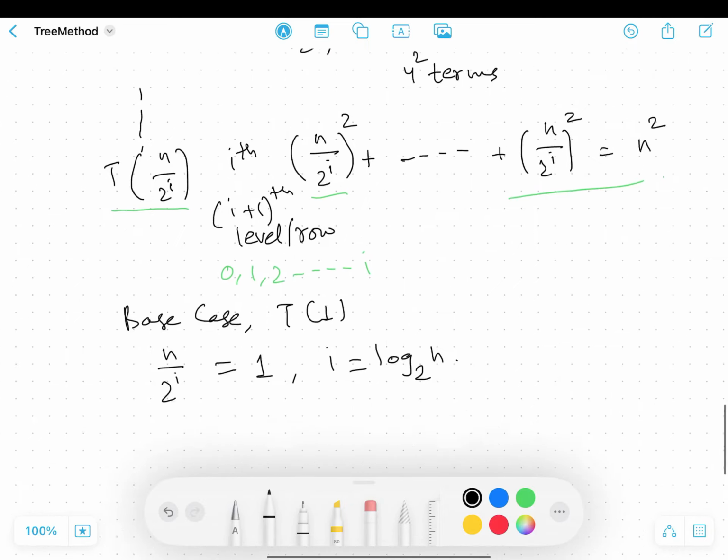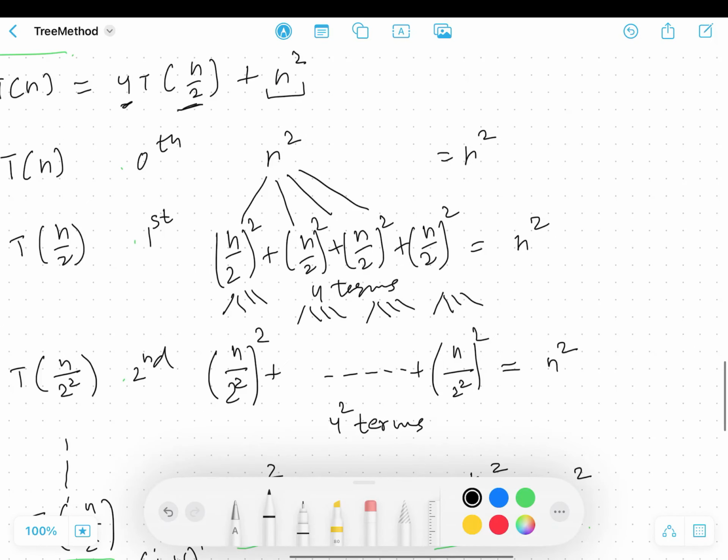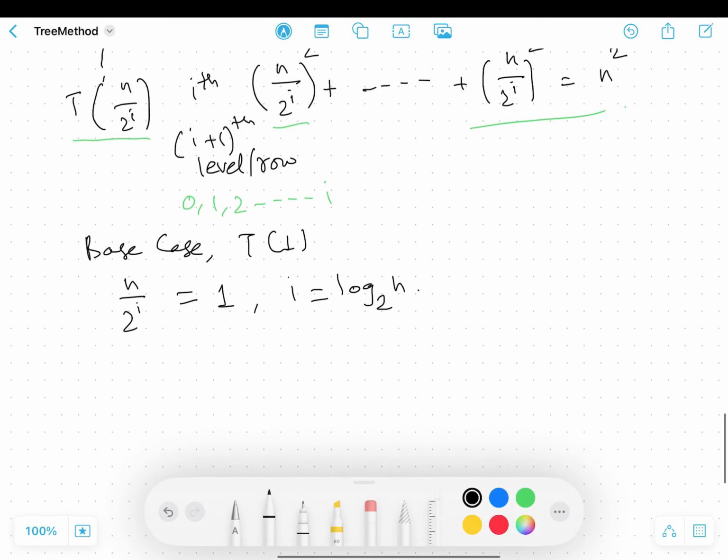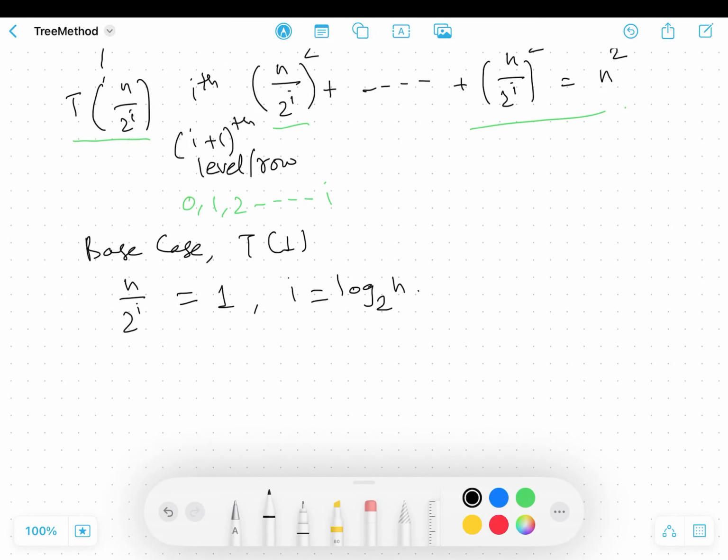Same way, we are going to sum all the levels, 0th level, first level, second level, third level, until the ith level, which is actually the I plus 1th level.